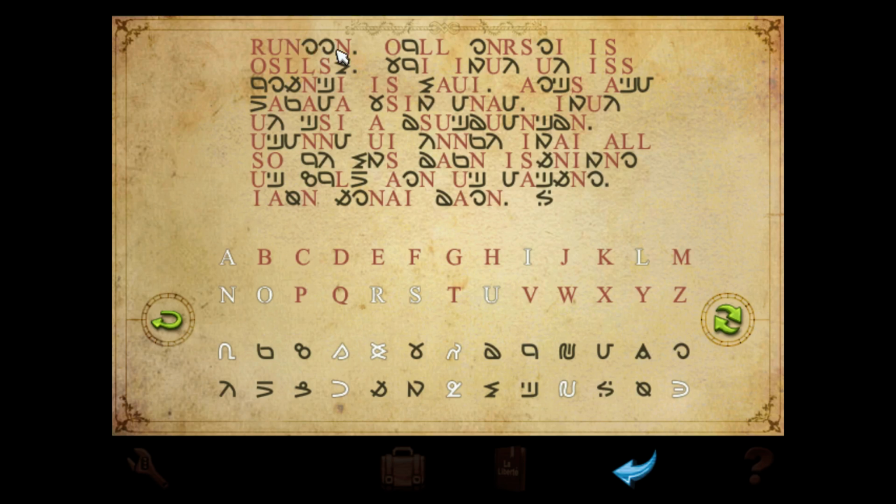Like run noon is totally wrong. This has to be some name, and then is this close? What if we change the L's to S's?